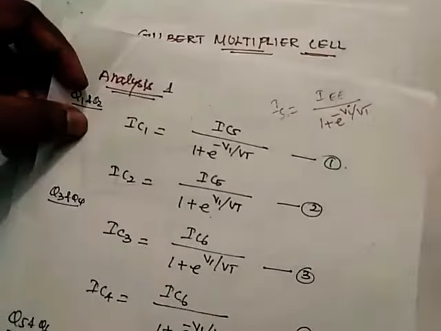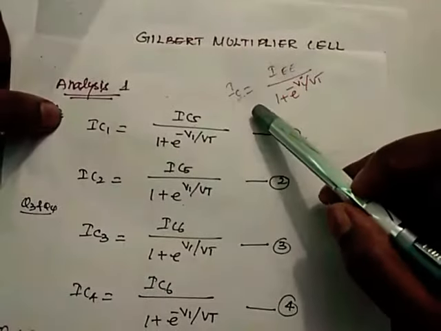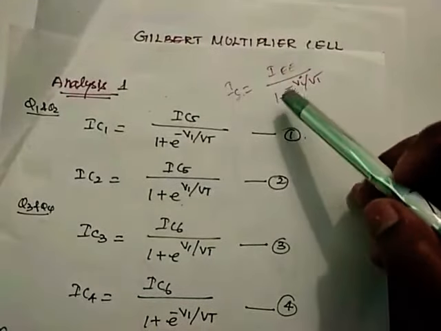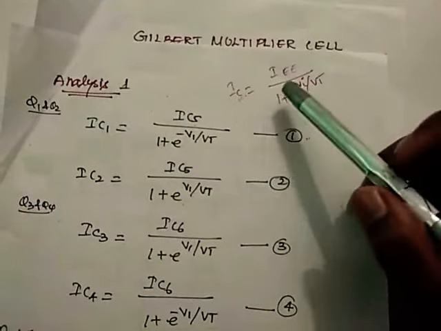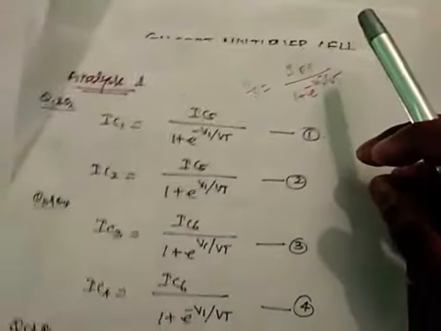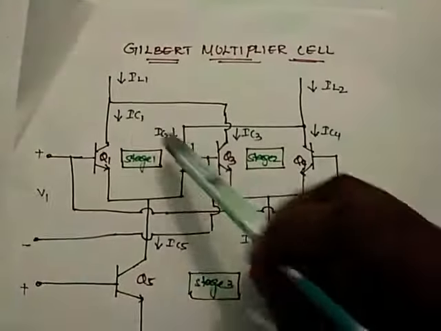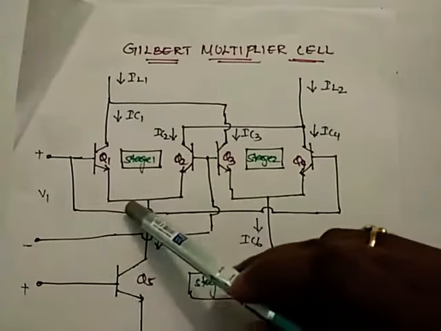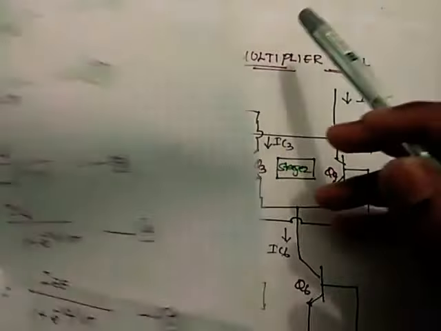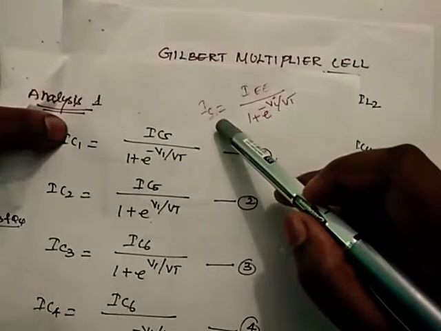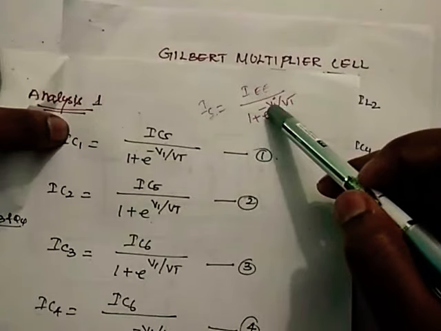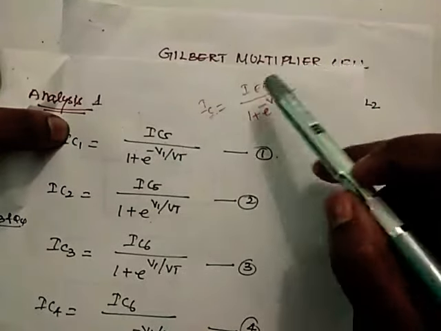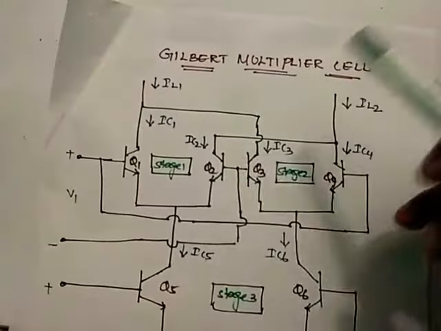In this analysis 1, we need to know the basic relationship between IE, IC and your input voltage. If you see the collector current of transistor Q1, this is the collector current IC1, and the emitter current is IC5. So by using the general formula, IC can be written as IE divided by 1 plus e to the power of minus V by VT, where V is the input voltage and IE is the emitter current.